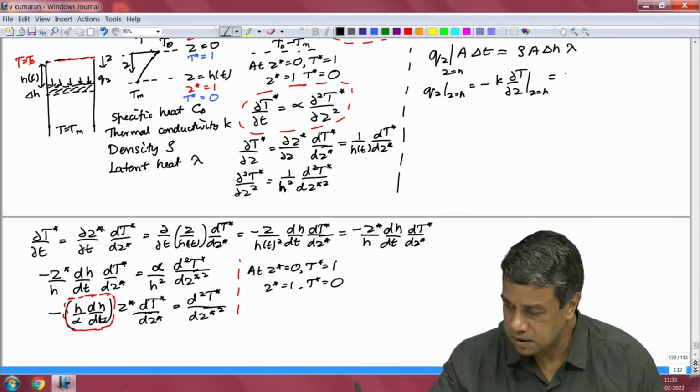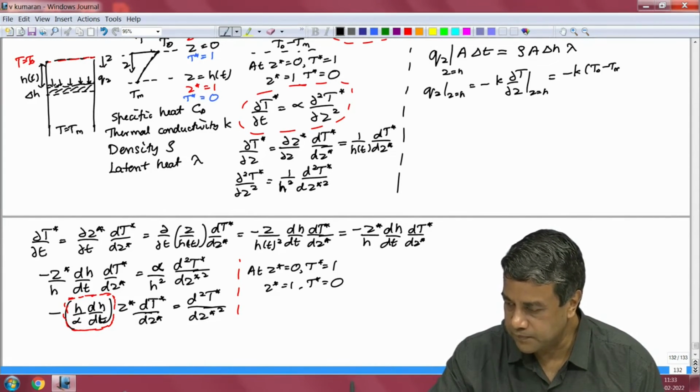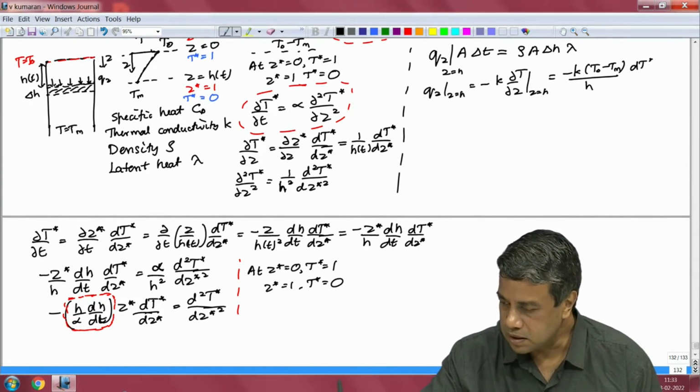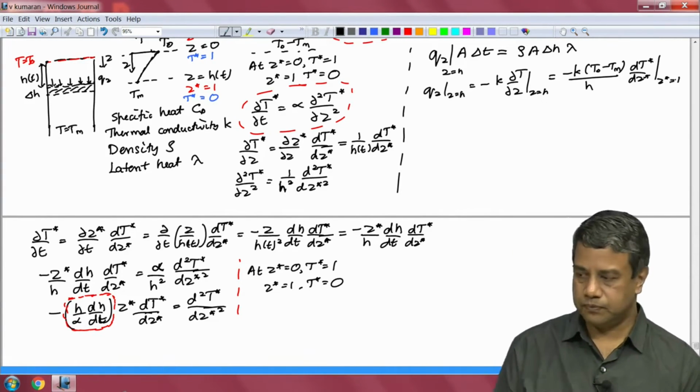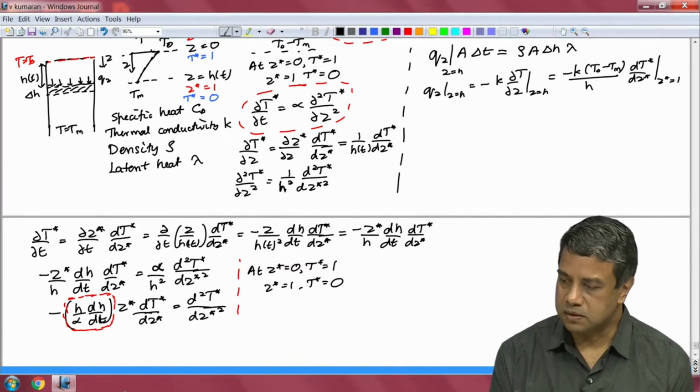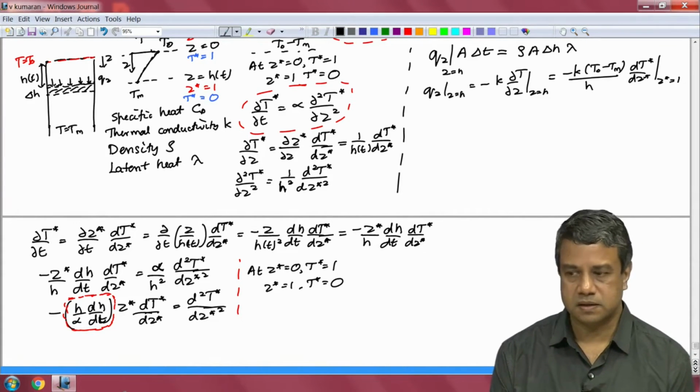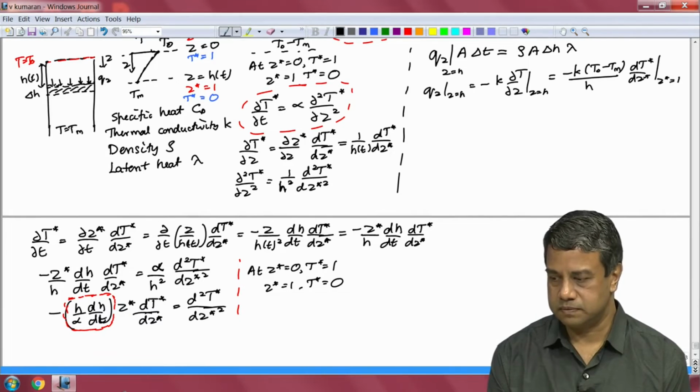So, I will get minus k into T naught minus T m by h, dT star by dz star at z star equal to 1. That is the total heat flux.